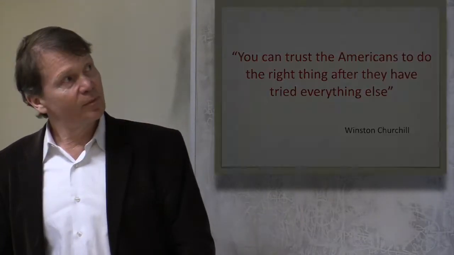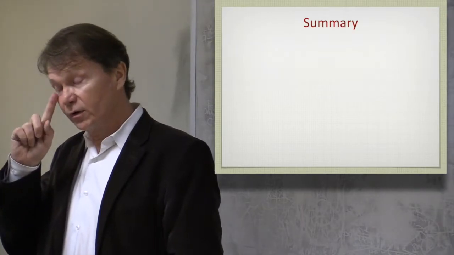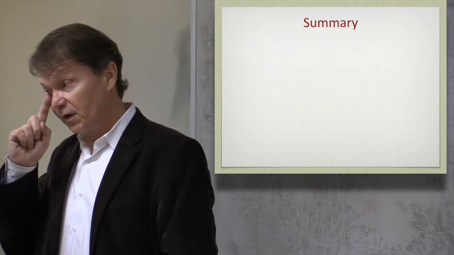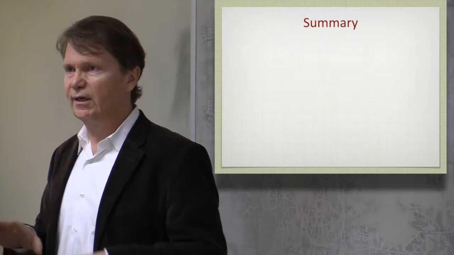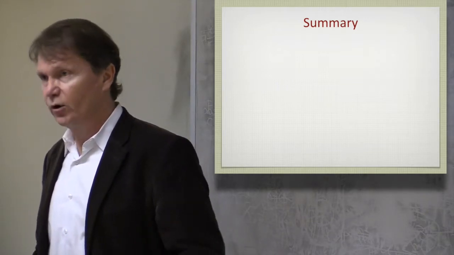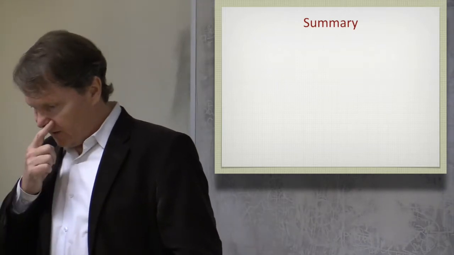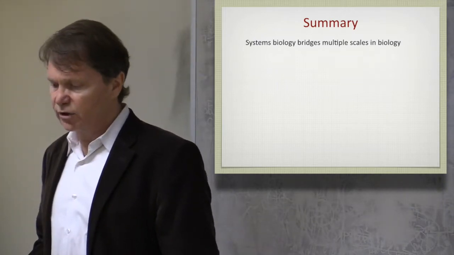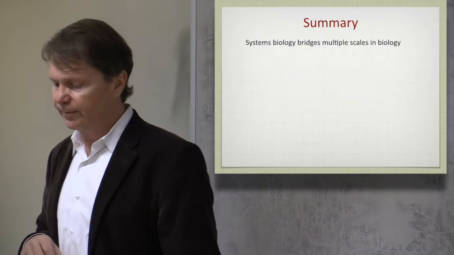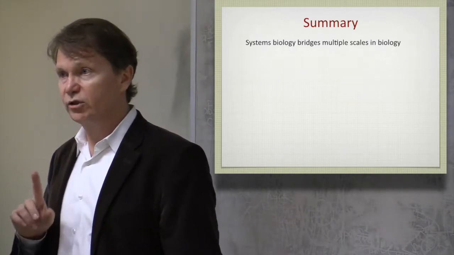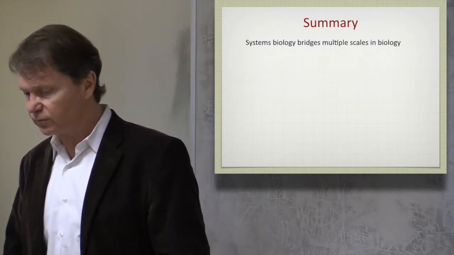Okay, so let's summarize here. So like I said, this is a somewhat philosophical and conceptual lecture, but it kind of sets the stage for the constraints-based approach to developing genome scale models. So systems biology really strives to bridge that multi-scale relationship between the genotype and the phenotype.